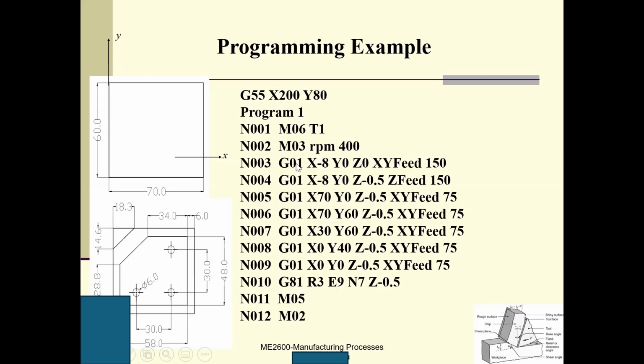T01 is the tool, and from my original position, this is my original position, Y200, and this is X200, Y80. And then T01, X goes to X minus 8, Y0, Z0.